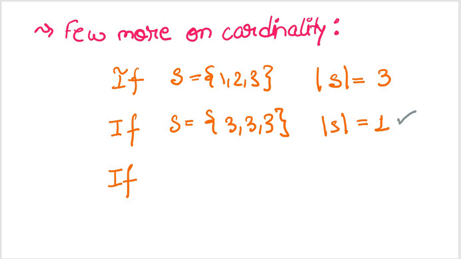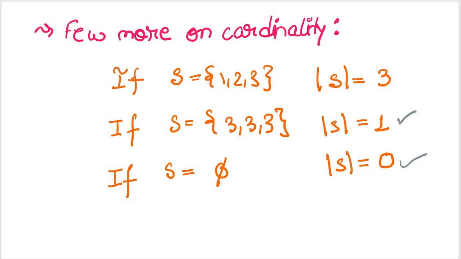That means there is a repetition where I have 3 values which are same. For the empty set, I have this cardinality as 0. Here we are talking about empty, right? So in this case I have the cardinality as 0. I hope it makes sense.